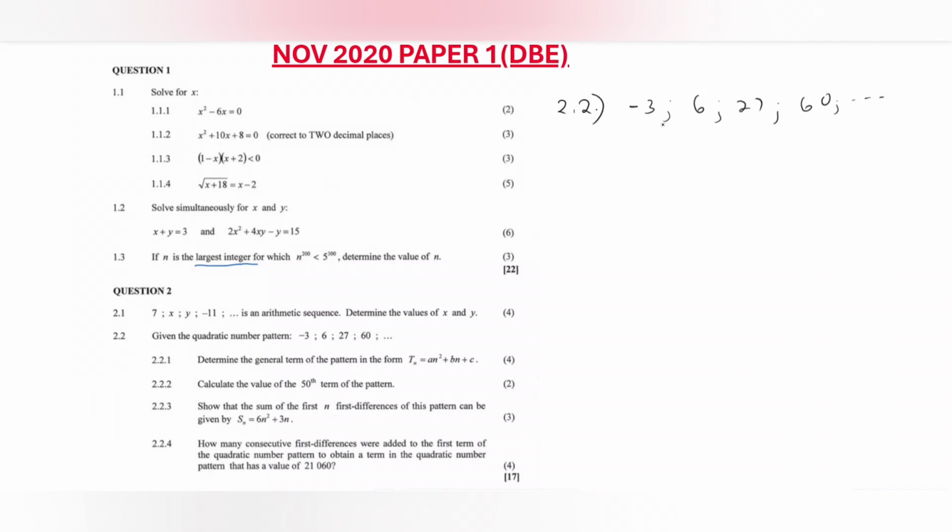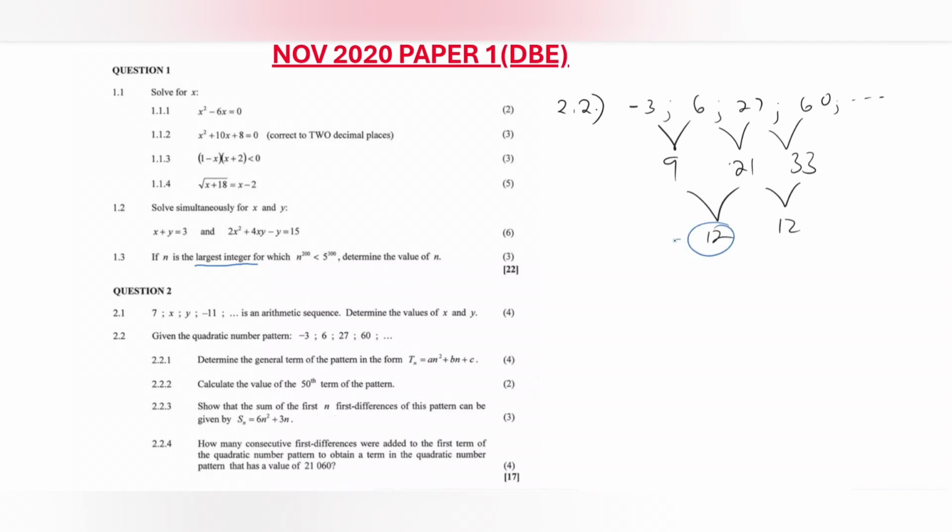The first thing we can do is check the first differences: 6 minus minus 3 is 9, 27 minus 6 is 21, and 33. Then the second difference: 21 minus 9 is equal to 12, then 33 minus 21 is equal to 12 again. So this is a quadratic number pattern, which is well known for its constant second difference, which is 12.